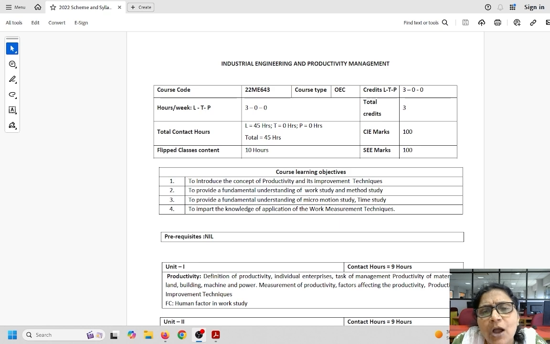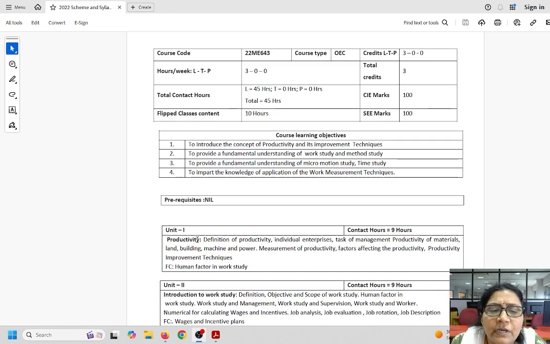Then how is industrial engineering related to productivity management? First of all, in unit 1, you are going to learn about productivity: what is productivity, the task of management, how you are measuring the productivity, factors that are affecting productivity, and the human factor, an important factor.